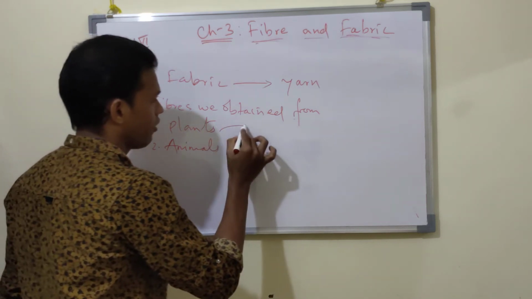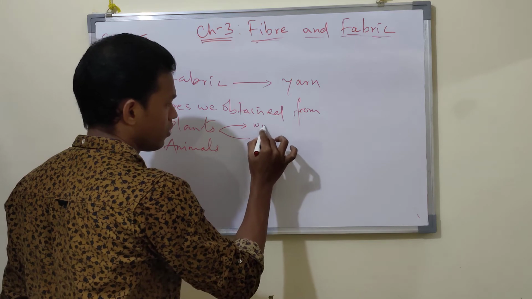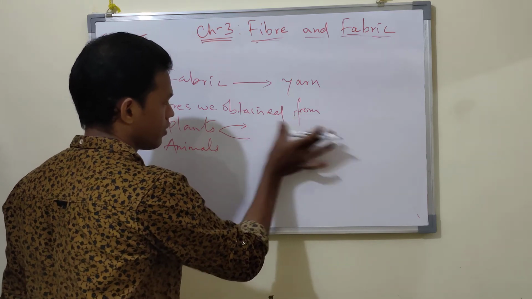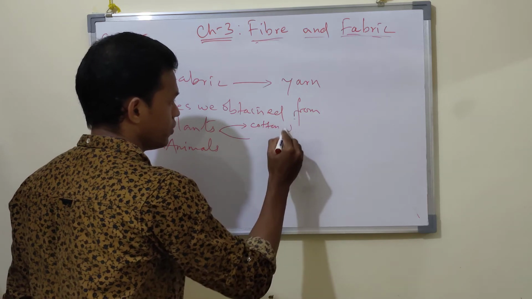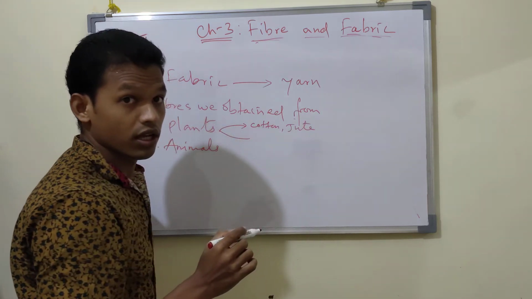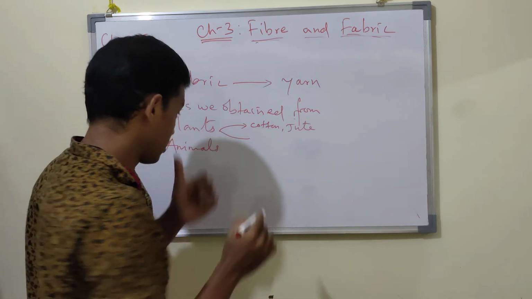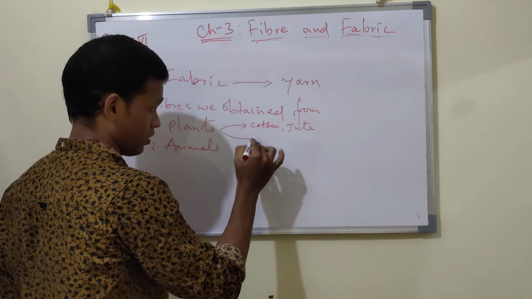From plants, what do you get? Cotton, jute, coconut.